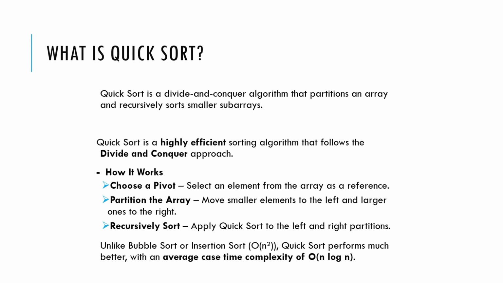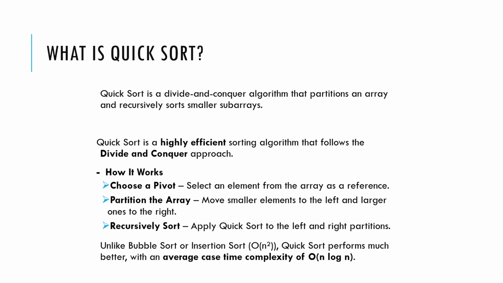What is quicksort? Quicksort is a divide and conquer algorithm. It picks a pivot element, then rearranges the list so that everything smaller is on the left and everything bigger is on the right. Then it repeats the process on both sides. The process is simple.